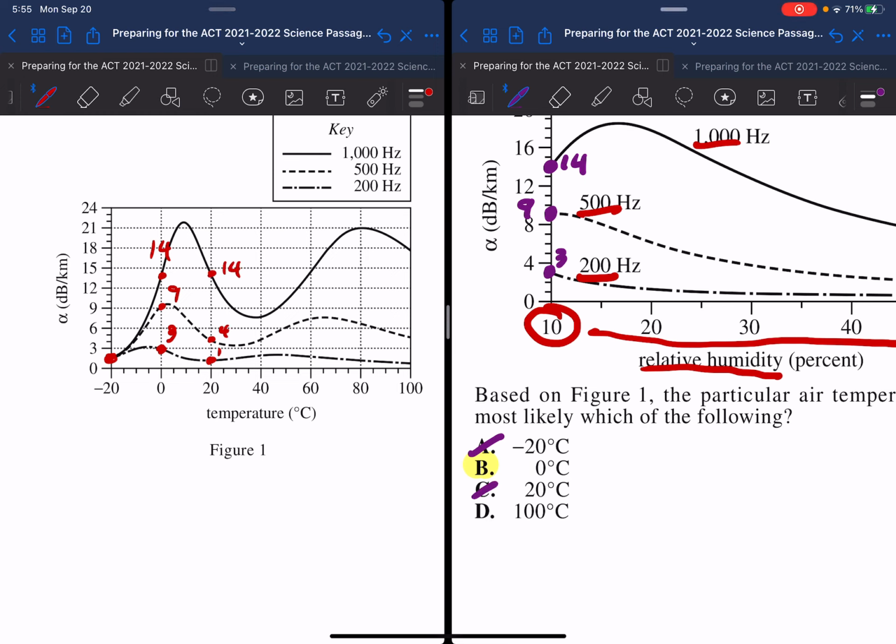And then 100, that's way over here. We've got about 1, 5, and about 18. So because for this problem, these numbers match up with these numbers here. That's why the answer is letter B.